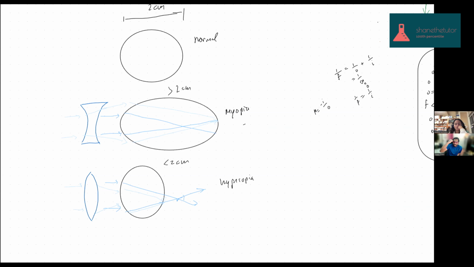As people get older, that muscle weakens. So people end up needing converging lens glasses to help them with seeing. So this is lenses applied to real life things, like glasses.